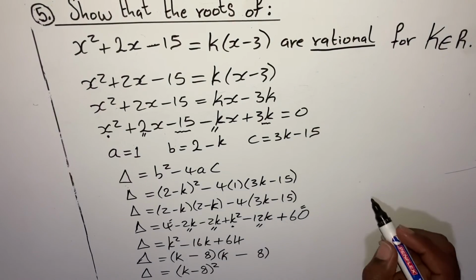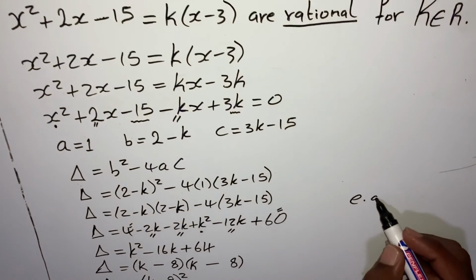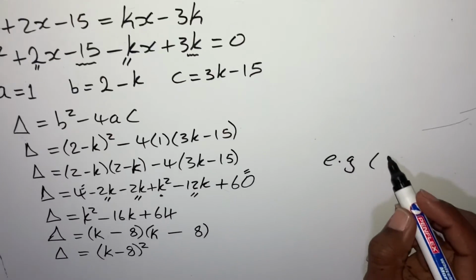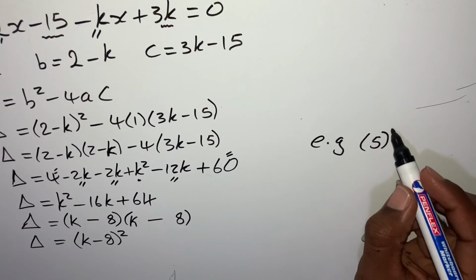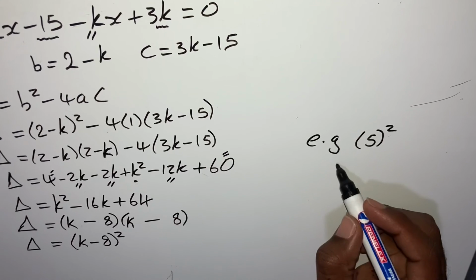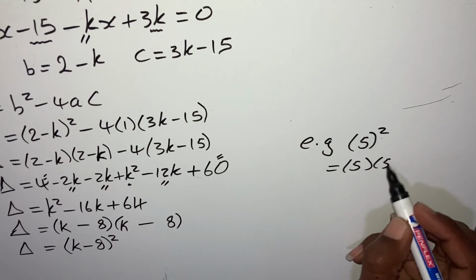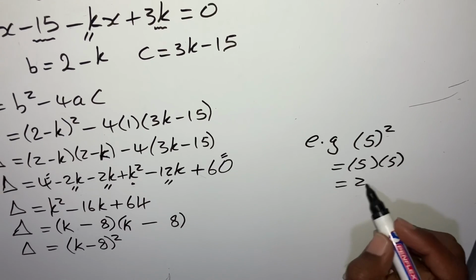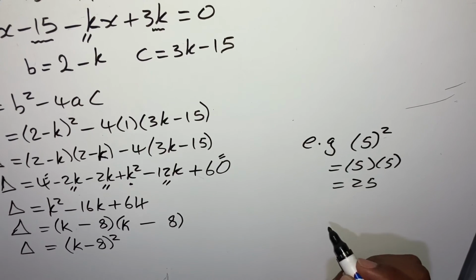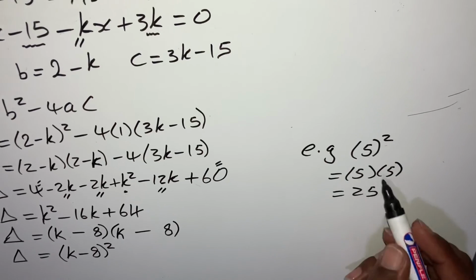As we went for an example, we can do another one now to say everything squared. This will give us 5 times 5, which is 25. Then everything squared will give us a positive.